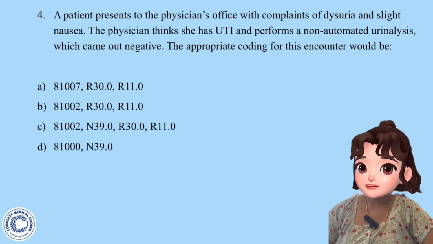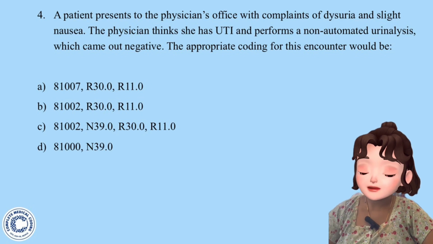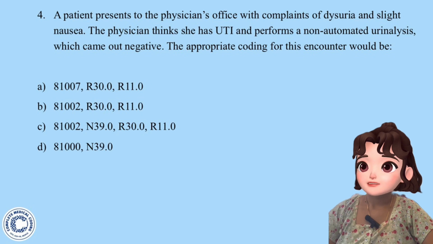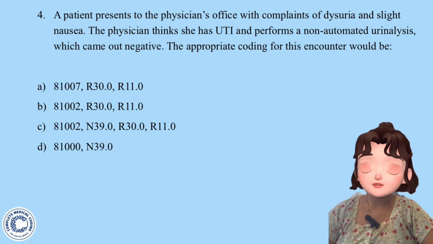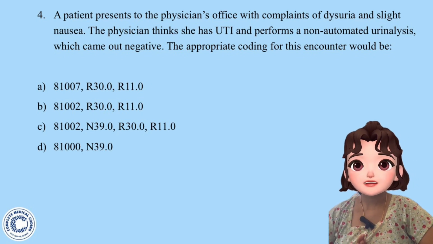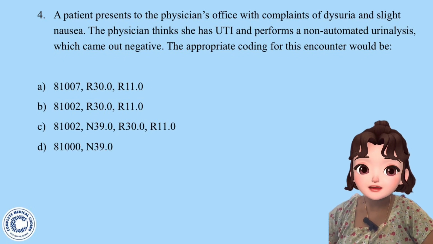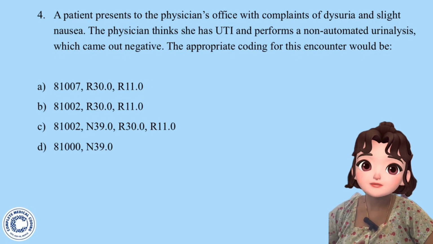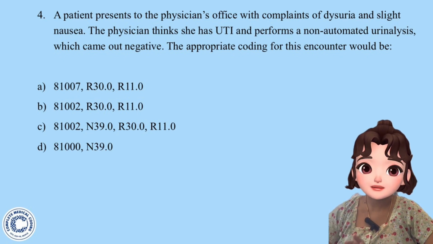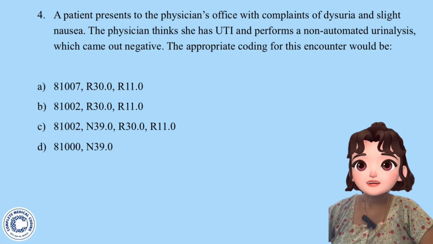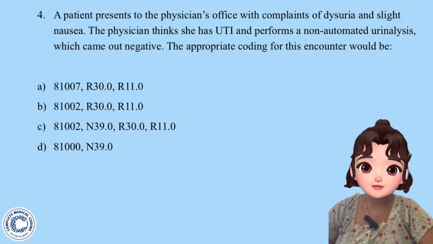So the exact CPT code will be 81002, which is urinalysis by dipstick, non-automated without microscopy. Okay. So if it is a microscopic procedure, for sure, definitely they will mention it in the question. For example, if there are two different codes for with using microscope and without using microscope, in such cases they will mention. So here the correct CPT code will be 81002.